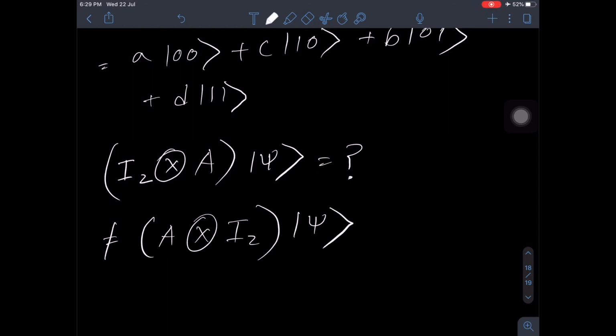So acting on the first qubit with identity and on the second qubit with A doesn't necessarily equal acting with A on the first qubit and identity on the second qubit.